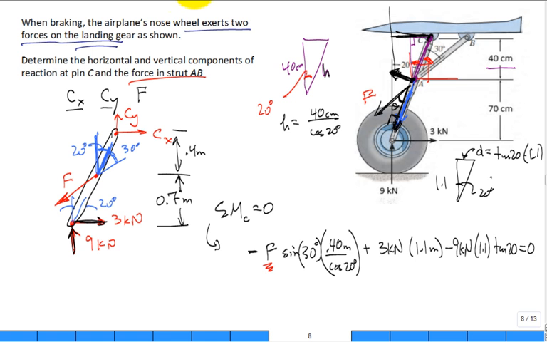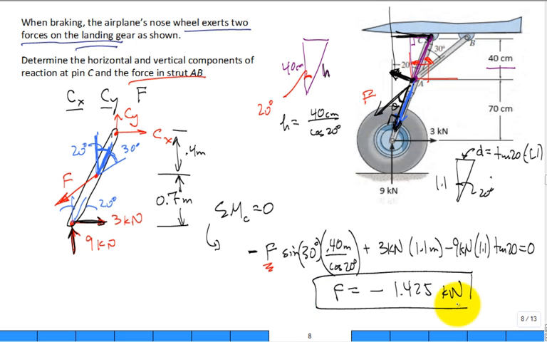So when you run the number, you'll get that F is a negative 1.425 kilonewton. And a lot of you were shy thinking, hey, we just talked about that strut is probably in compression. Something's wrong because with the negative sign, it's not in compression, it's in tension.